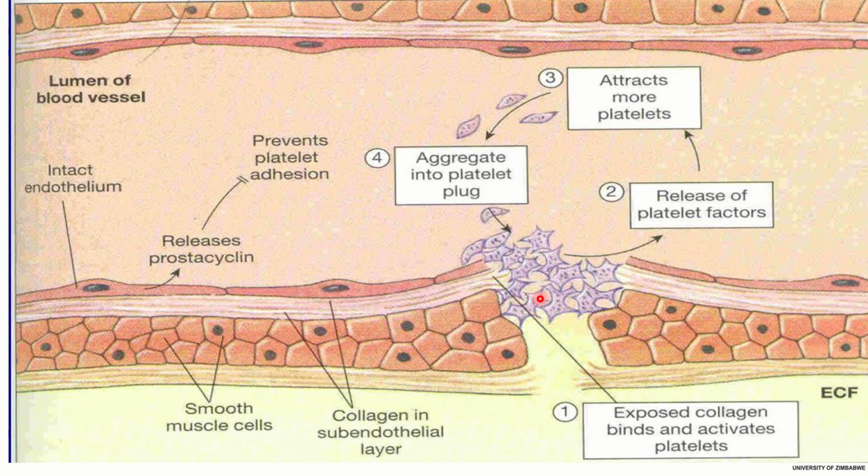And this will then lead to their degranulation or release of granules such as thromboxane A2, ADP, serotonin, and these granules, they are cytokines, they are chemical messengers. They will lead to the recruitment of more of these platelets, right?